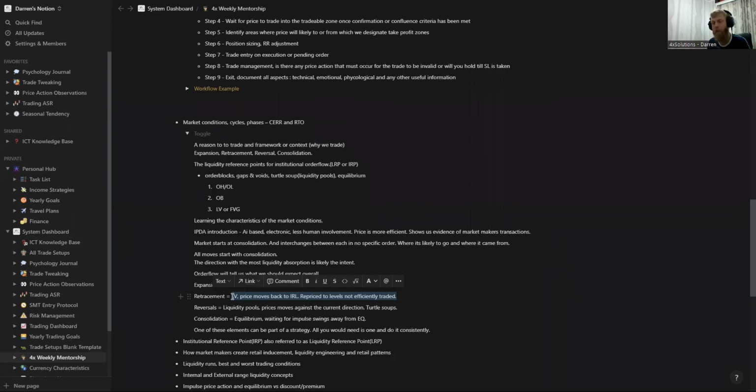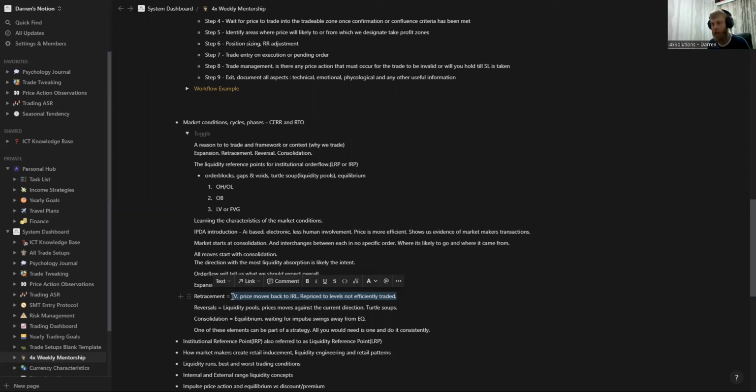Generally if price expands in a particular direction of bullish or bearish, it will likely create expansions in that direction, which is generally what a liquidity void is. It's showing expansion, and if it's not traded efficiently, it needs to be traded efficiently, and that is what we refer to as retracement.